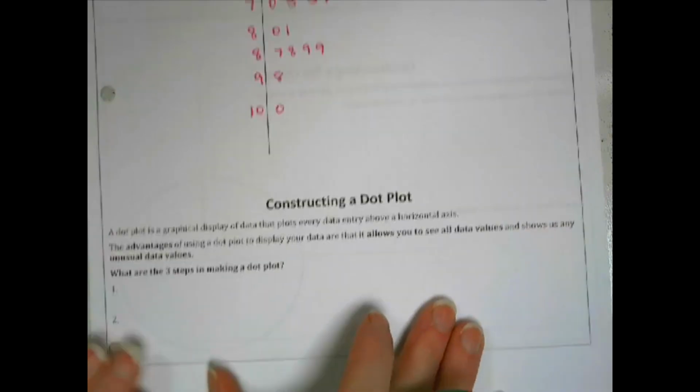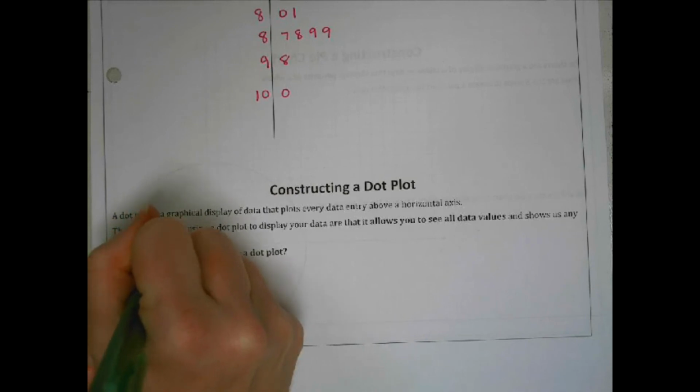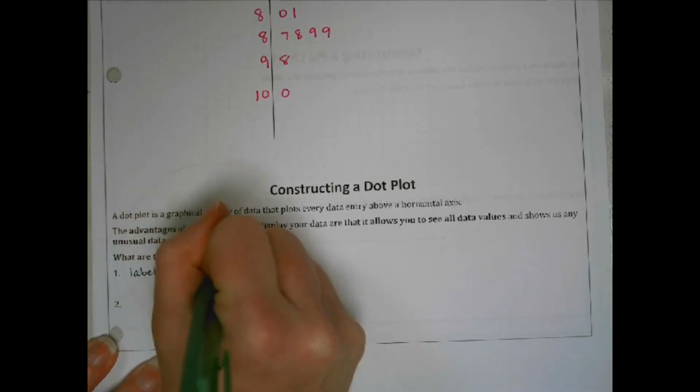When you make a dot plot, you want to label the x-axis.